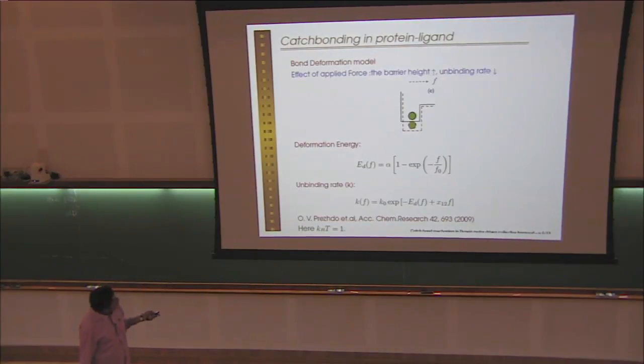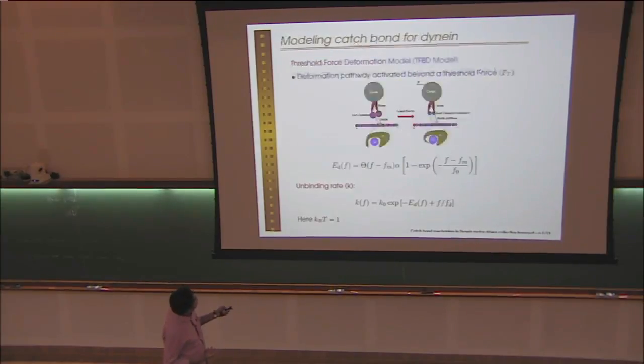So let us now try to interpret the structure of the Dynein and what kind of Catchbonding model we would like to have for Dynein. This is again a cartoon of the Dynein, and this is the cargo. What Dynein has are these AAA domains, in a cylindrical conformation.